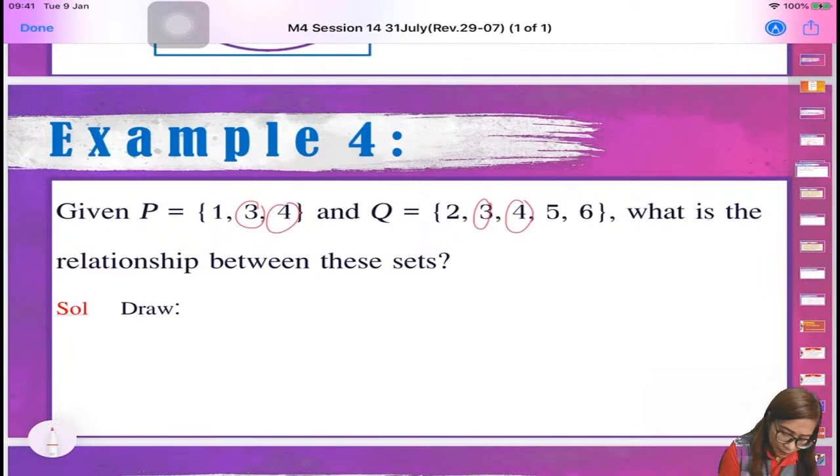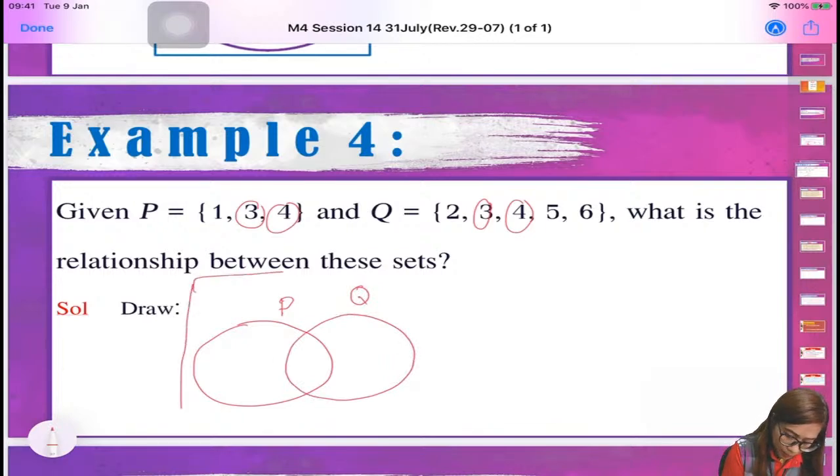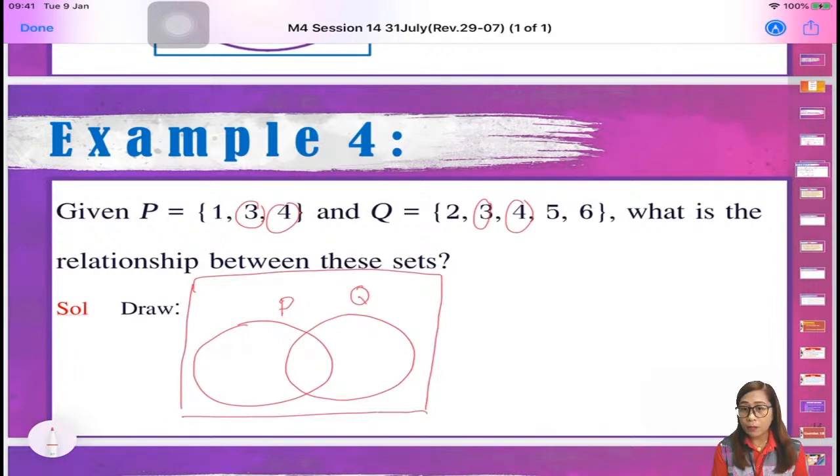So we'll have it like this, set P for example, you can have here P, okay, and set Q, okay, and then you can have the rectangle or the box for the universal set.